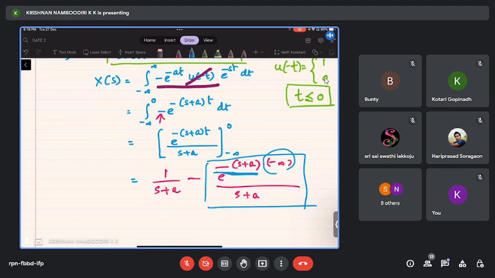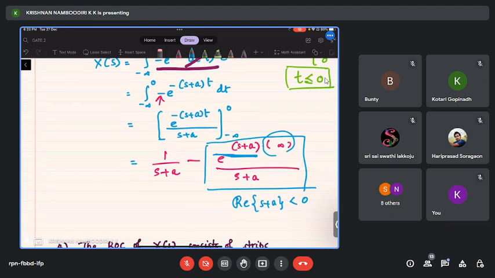Basically I have two negative numbers here, I can remove both, and that becomes positive. So the real part of s plus a must be less than 0.